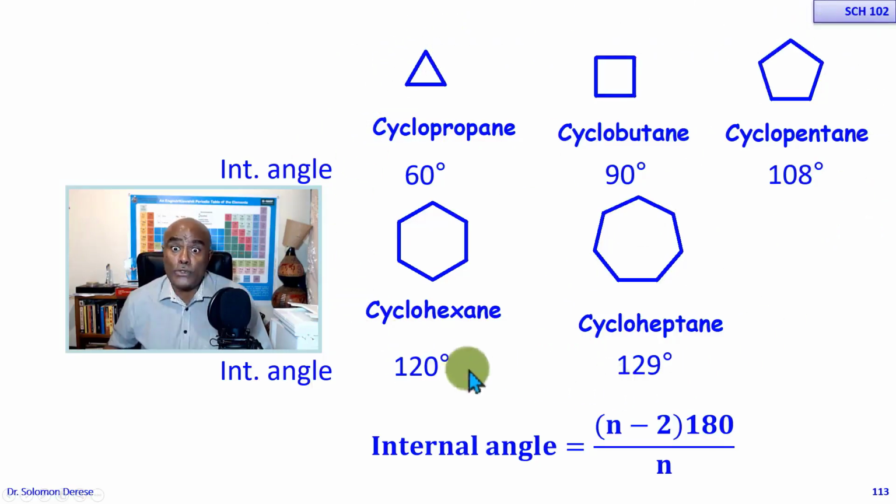If we were to determine the stability of these different cycloalkanes, which one will we find to be the most stable?